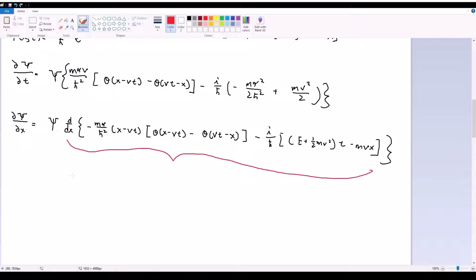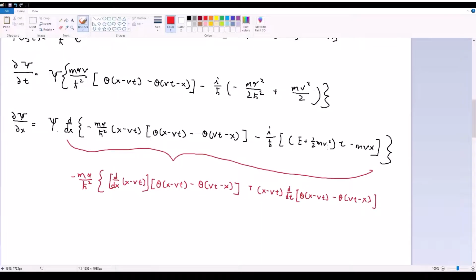So at the front we have negative m alpha over h bar squared, and then we're going to be multiplied by d/dx of (x − vt) multiplied by theta(x − vt) minus theta(vt − x), plus (x − vt) times the d/dx of theta(x − vt) minus theta(vt − x).